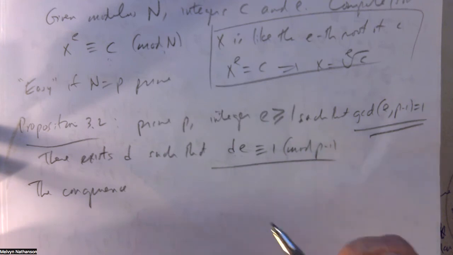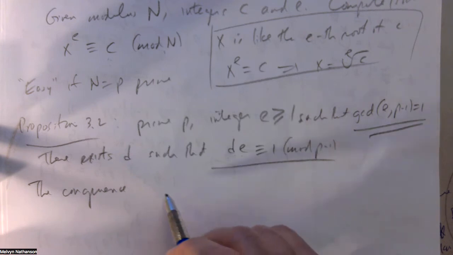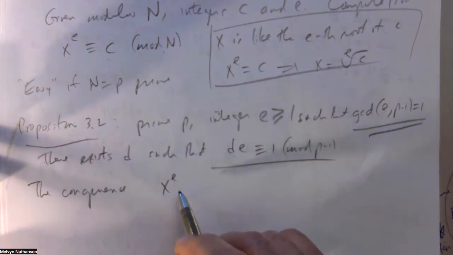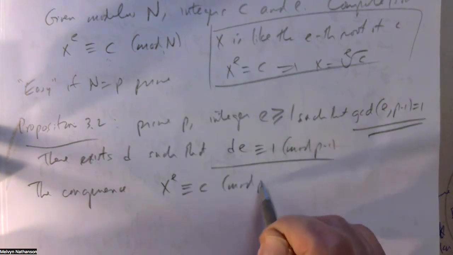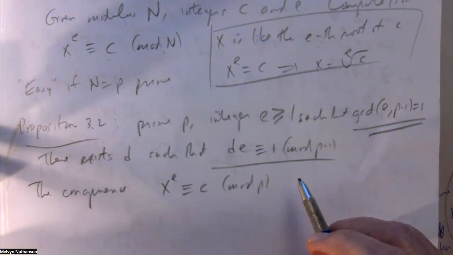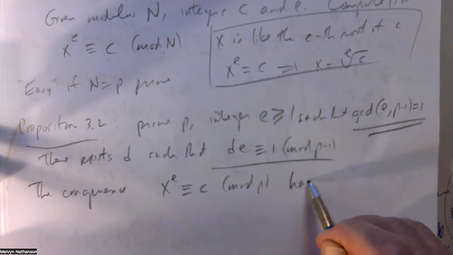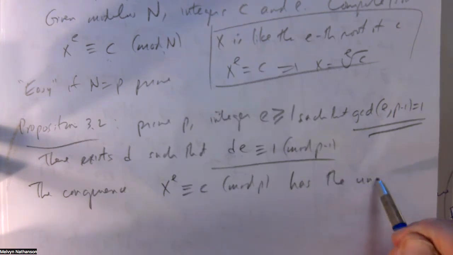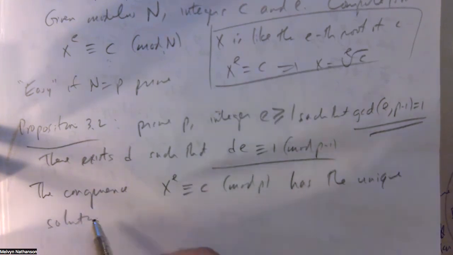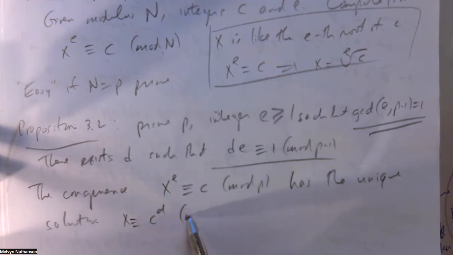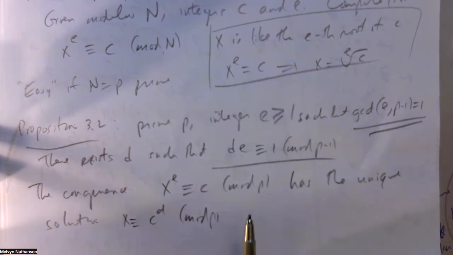If we want to find an eth root of a number c, the congruence x to the e congruent to c mod p has a unique solution. And the unique solution is exactly the following: x congruent to c to the d mod p.